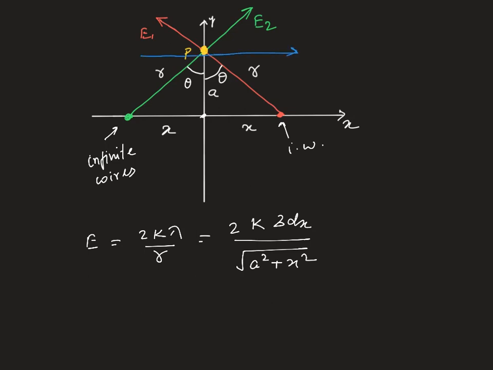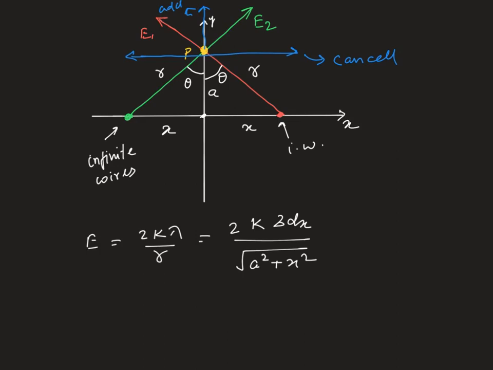So this is the x-axis, or displaced value of x-axis. This is the y-axis. We know that both wires have the same charges, both wires have the same distances, so obviously the field components along the x direction will cancel out, and along the y direction will add up.